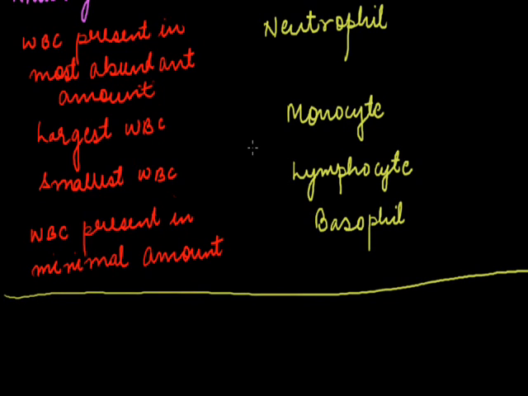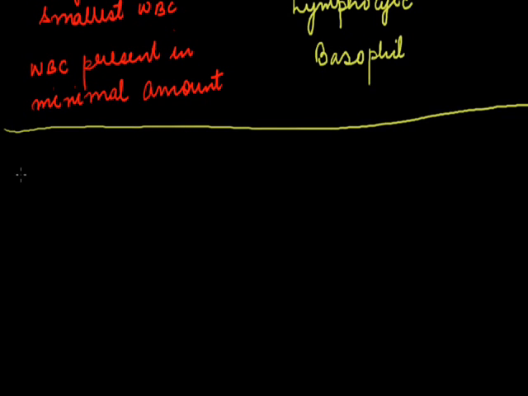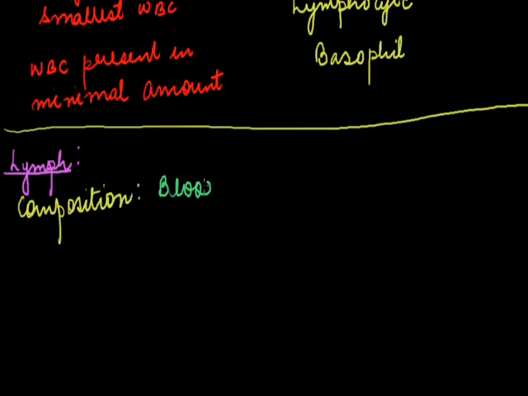Coming on to the next type of vascular connective tissue, that is the lymph. If we talk about the composition of lymph, the lymph mainly contains blood plasma plus WBCs. In blood plasma, it is devoid of certain proteins.